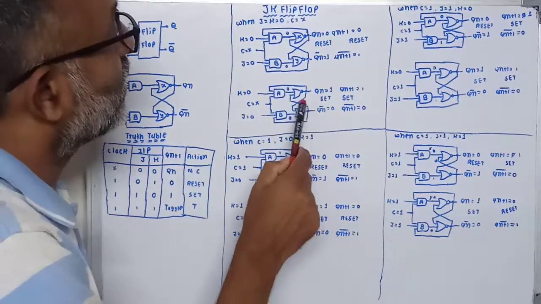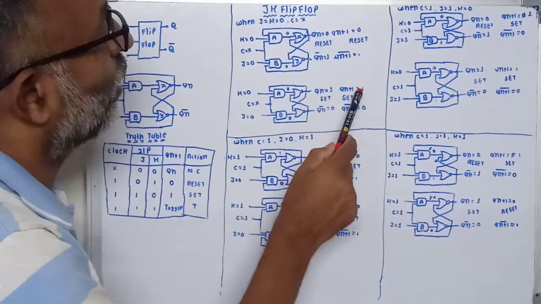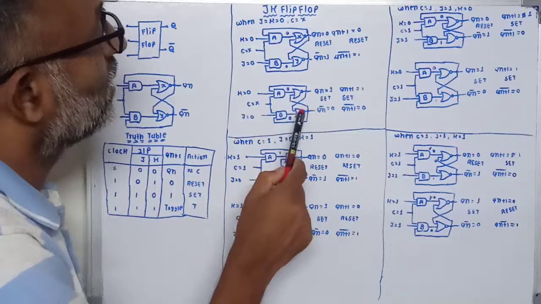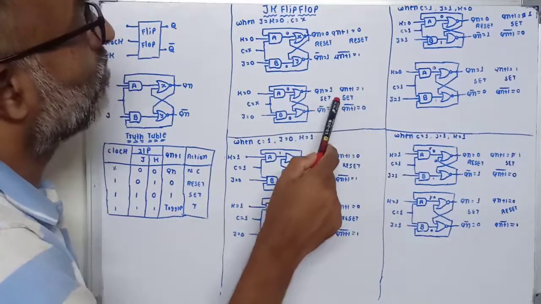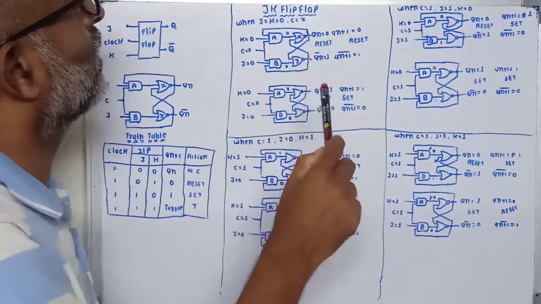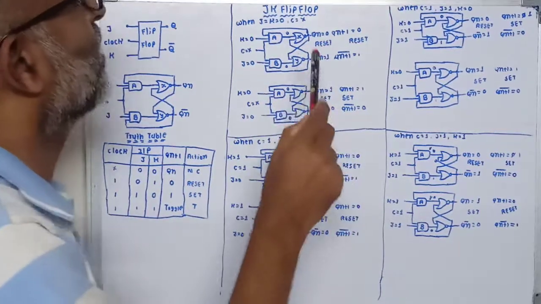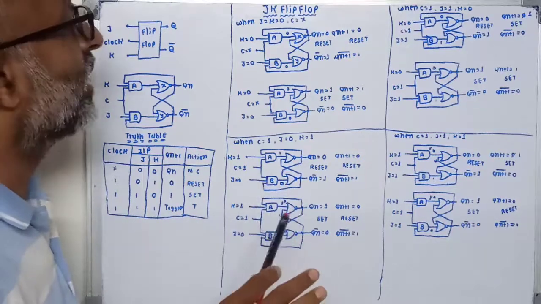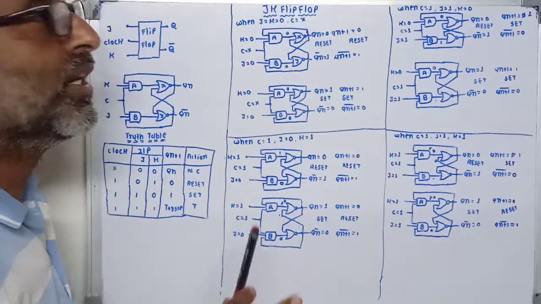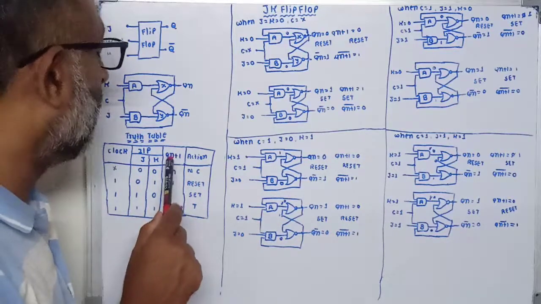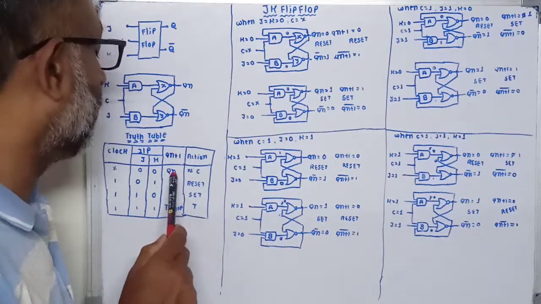So here you can see that 0 plus 0, 0, 1. 1 is available here, 1 plus 0, 1 and 0. And the flip-flop still remains in set condition. So we can conclude that when JK is equal to 0, there is no change in the output of the flip-flop. That means our new output Qn plus 1 is equal to Qn.